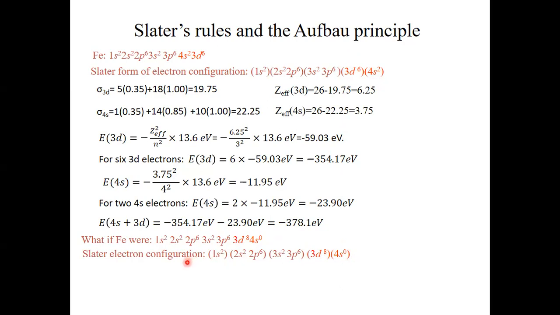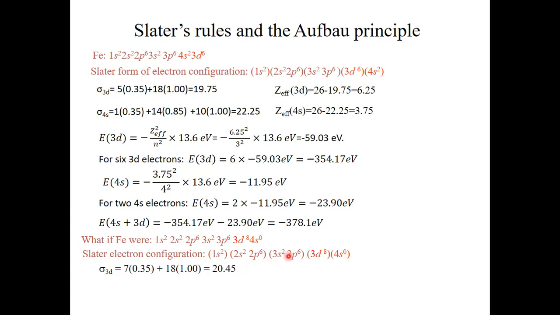So now, what are the shielding constants? Well, that is 7 times 0.35. Why? Because we have 7 other electrons in the group of the 3d electrons. Never count the electron that we're actually looking at.